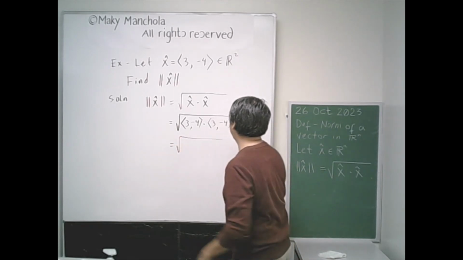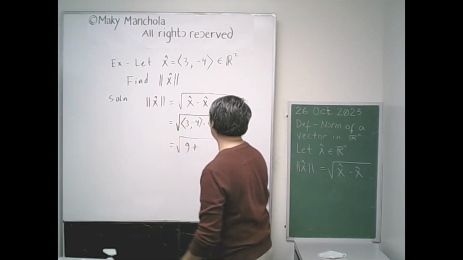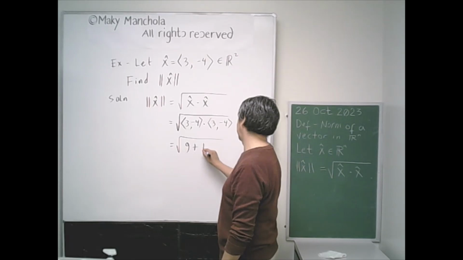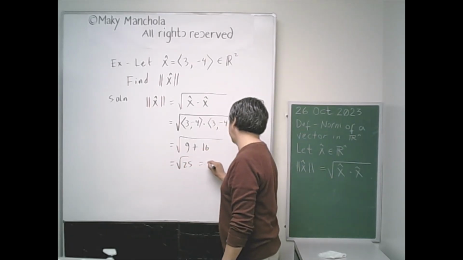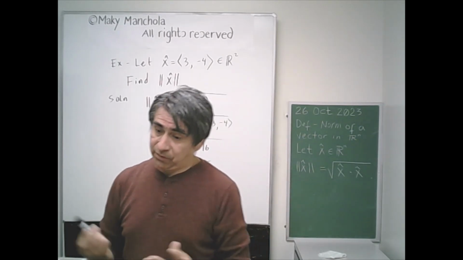So we end up with 3 times 3, which is 9, plus -4 times -4, which is 16. So that's the square root of 25, which simplifies into 5. Very simple example.